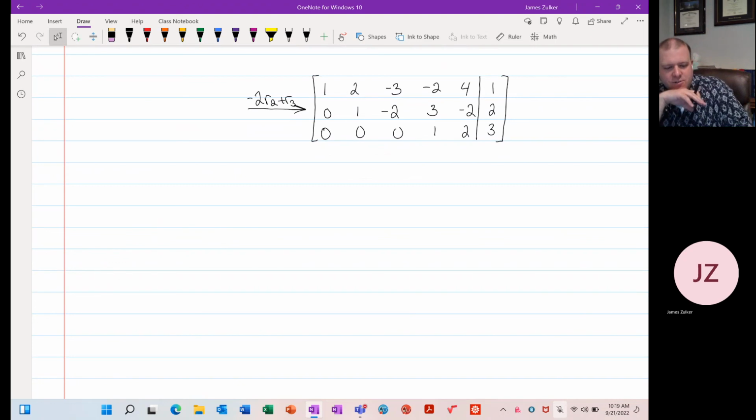The 3, 4 entry is our final pivot. That's already 1. Right? So there's nothing to do except to now clear everything above leading 1s.